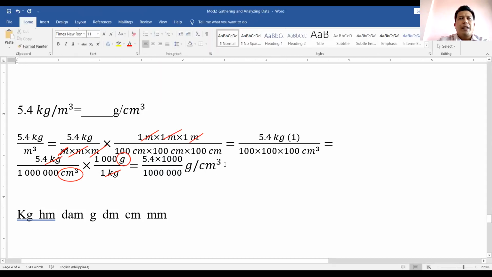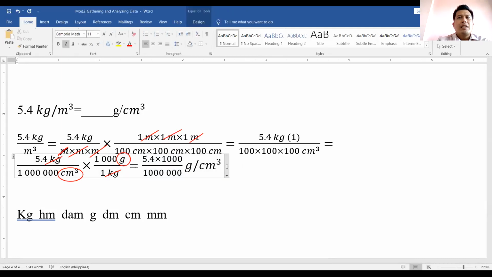And then simplify it further. Simplifying it further, class. What is that? 5.4 times 1,000 is 5,400 divided by 1 million. You can just have it done in this way, class. Here's the annotation. You can just eliminate the zeros, 3 zeros. We can just have it here, 5.4 divided by 1,000 grams per cm cube.